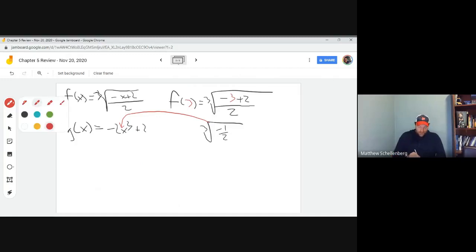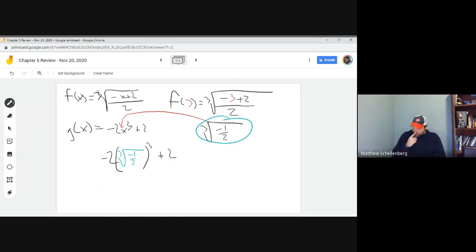So what is it? Well, we have -2, and we're going to replace x with the cube root of -1/2. Let me make this color-coded here. And this is supposed to be cubed and then +2.